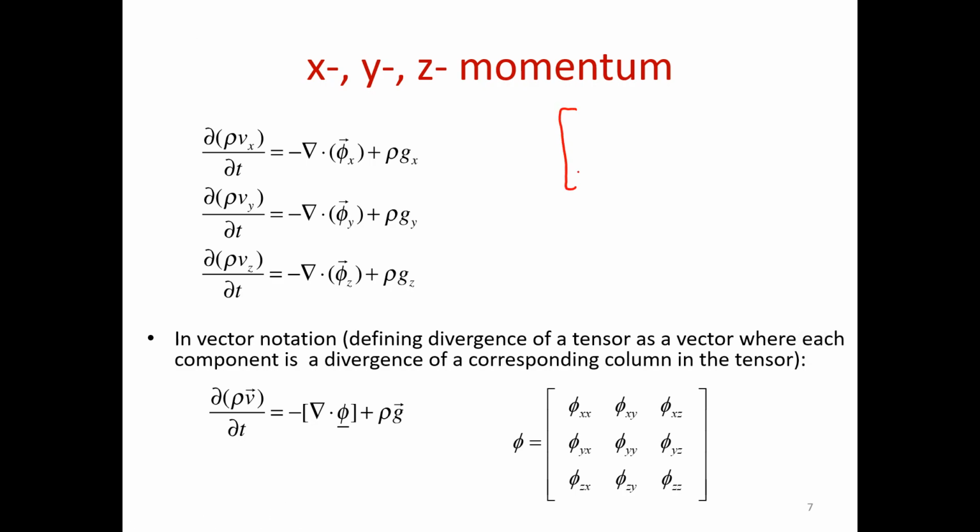If I put rho vx, rho vy, rho vz into a column vector, that's really rho v. Yes? Then this is d/dt of rho v.